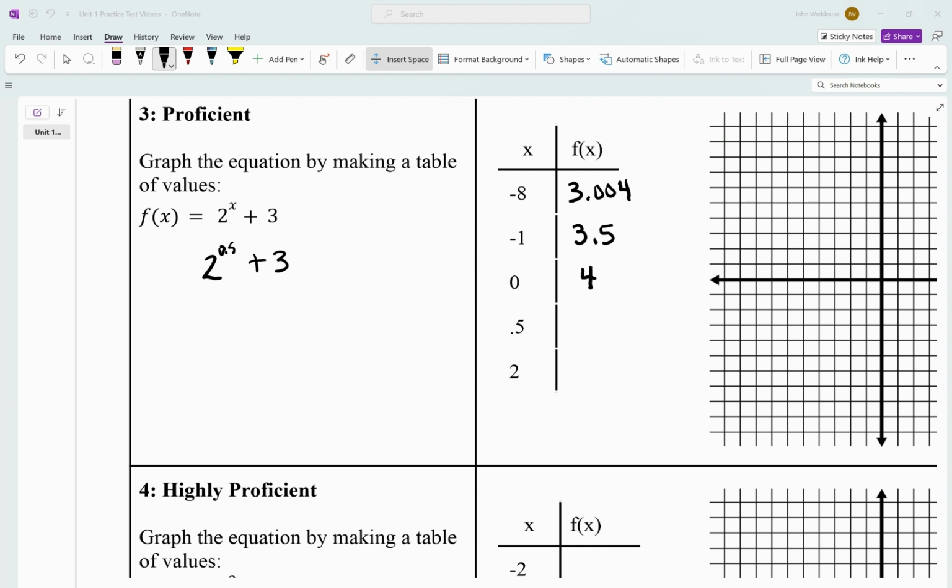Clear that. 2 raised to the 0.5 power is 1.414, et cetera. Okay, cool. And remember, I have to add that to 3. So it gives 4.414.